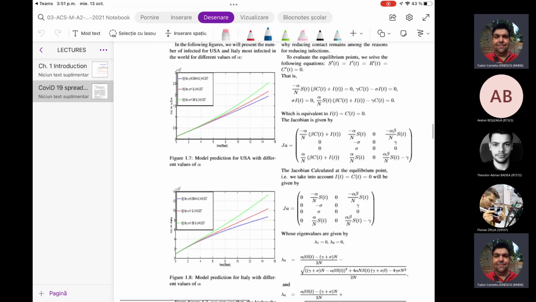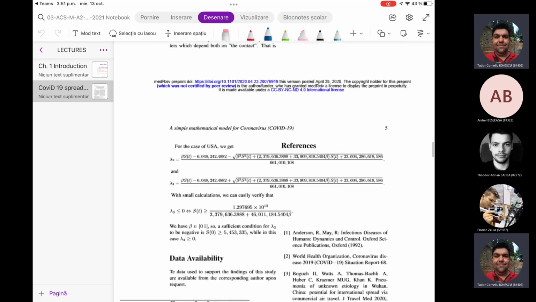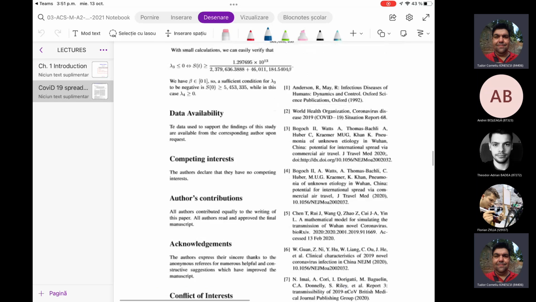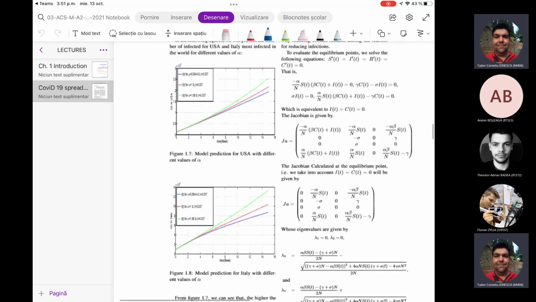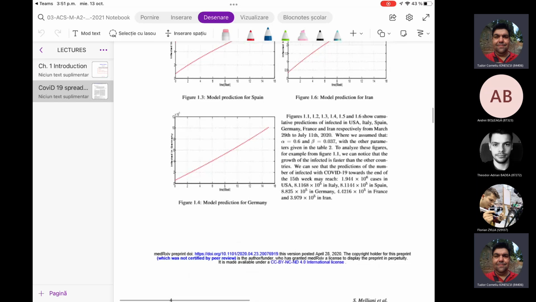Here they make an analysis of equilibrium points. They do compute equilibrium points. They try to make an analysis and see which one of them is stable and which one is unstable, because you can do that. This is not very much. I have to look up if they have an improved version of this. But what I did, and I'll probably show you a little bit later, is that I ran some MATLAB simulations.